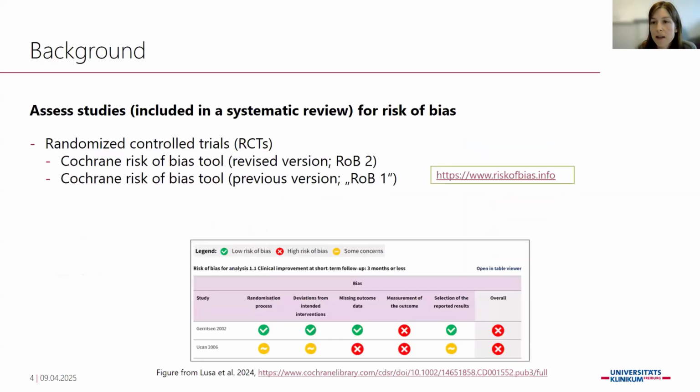First of all, I would like to give you some background regarding risk of bias assessment, also not too much, but I would like to say that in this webinar, I'm focusing primarily on assessing randomized controlled trials and using the revised Cochrane risk of bias tool.